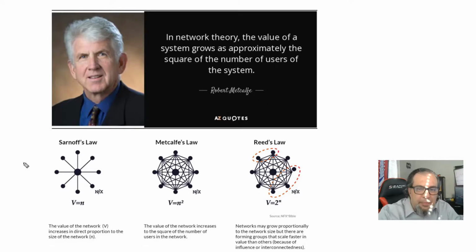The second model is Metcalfe's law, which looks at the interconnections between all the nodes, and the number of interconnections is basically the square of the number of users, or in this case, the number of wallets in a system. And then the third one is Reed's law, which says that as things grow, groups form, and the value of the network grows even more so.